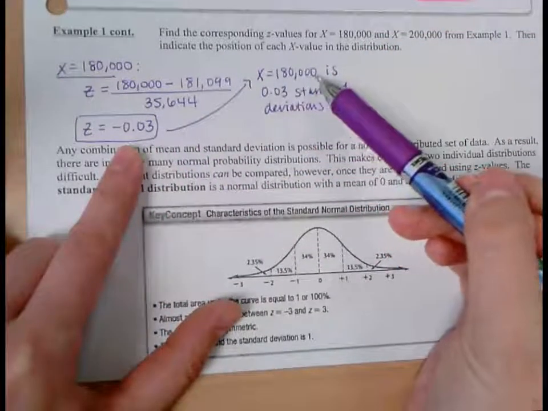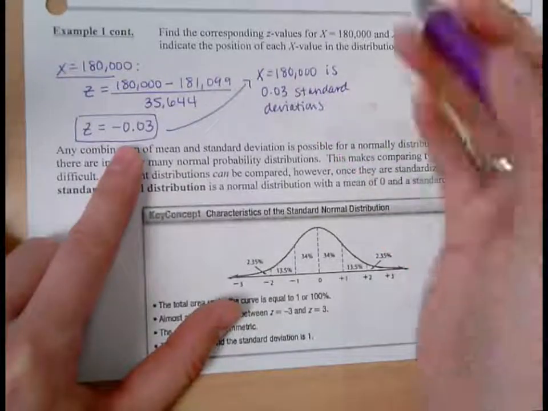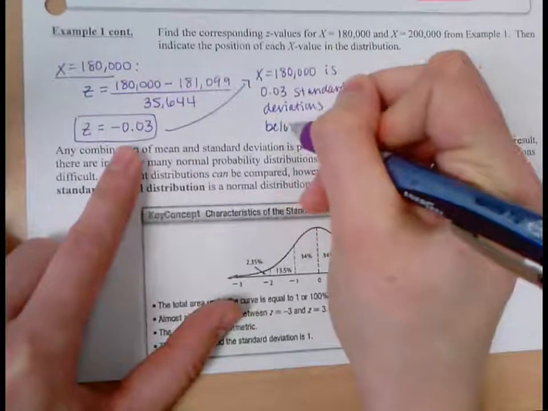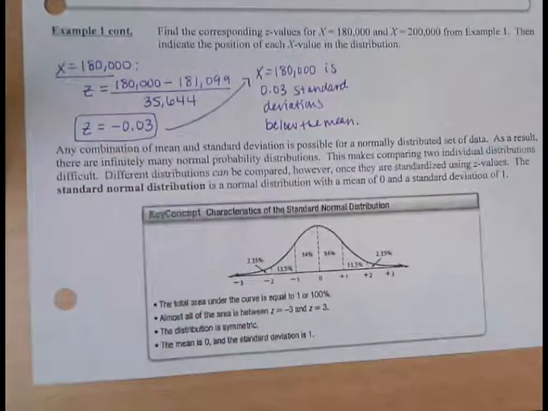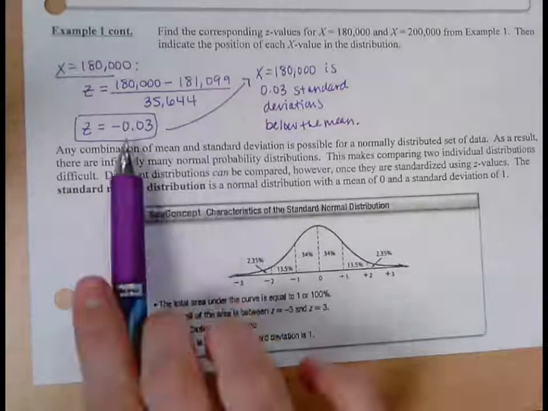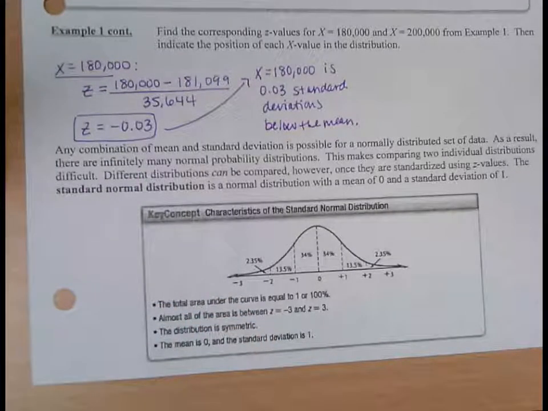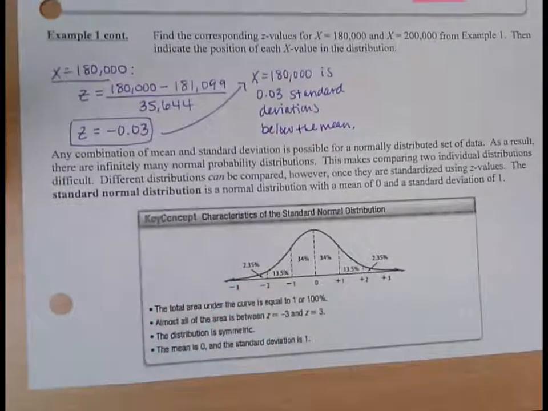So the x value 180,000 is 0.03 standard deviations below the mean. That is what that z-value represents. It's the distance, in the number of standard deviations or partial standard deviations, a value is either above or below the mean. So if your z-value is positive, that x value is above the mean. Any questions on that x value? We have to do that for the second one as well.